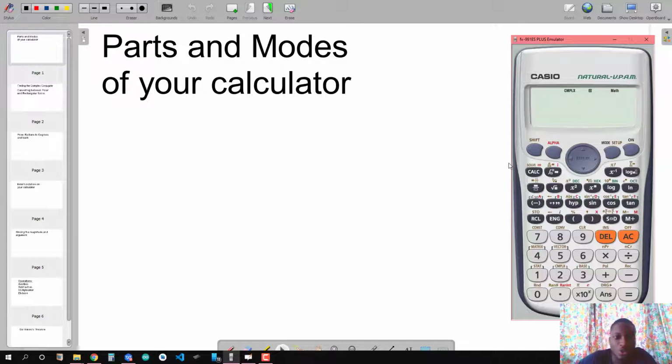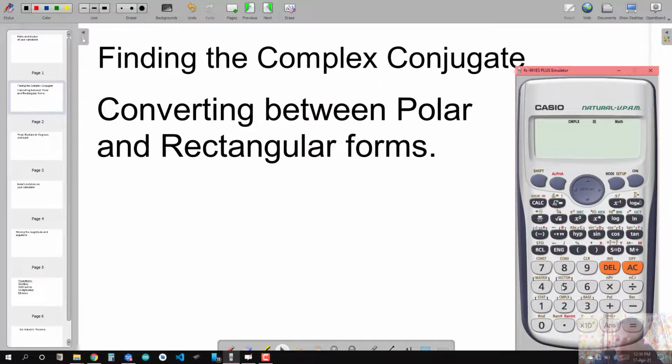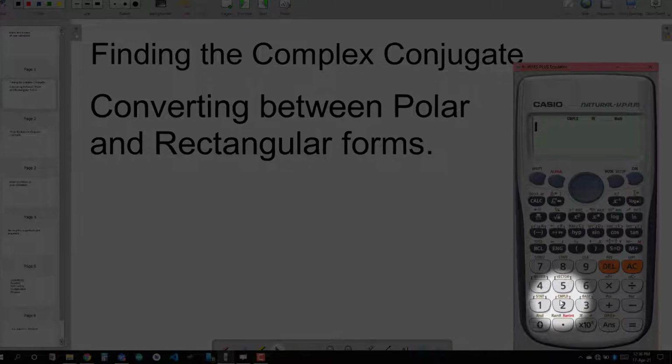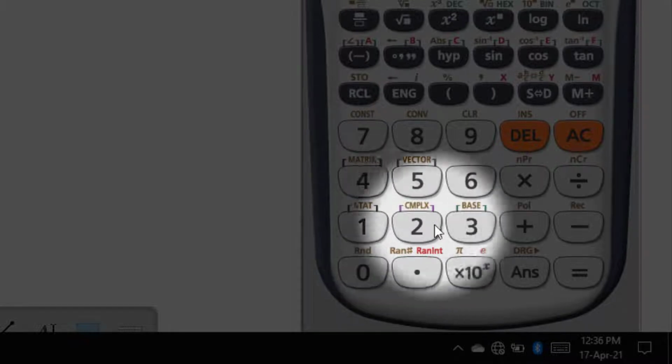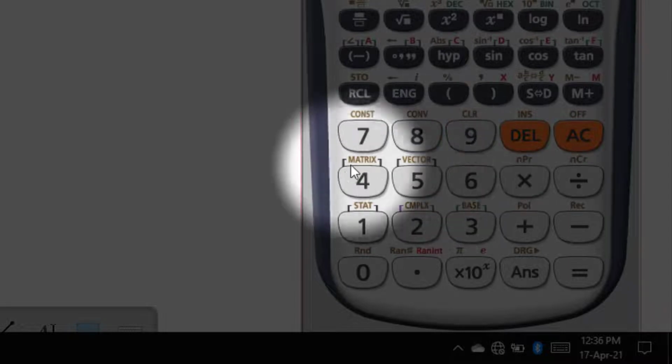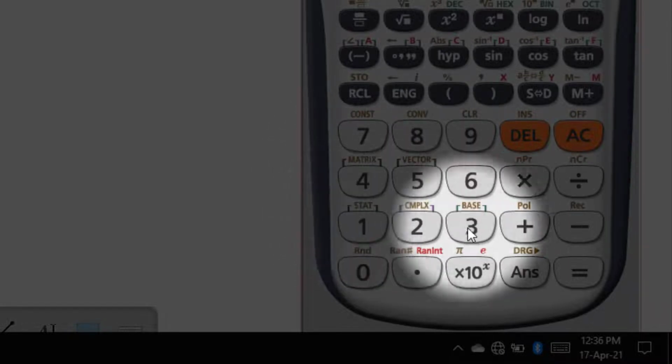All right, so moving on, we're going to explore complex numbers and how we can perform various operations on complex numbers using our calculator. You note that in complex mode, operations specific to the complex mode are found on this button. As you can see, on top of the number 2 button, you have complex written there, just like on top of the other buttons, you have matrices on 4, vectors on 5, statistics on 1, and then the base numbers on 3.